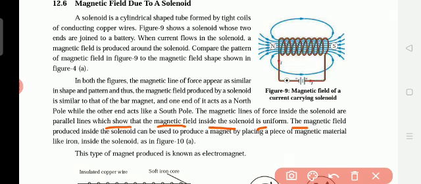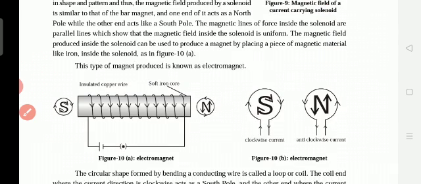The magnetic field produced inside the solenoid can be used to produce a magnet by placing a piece of magnetic material like iron inside the solenoid. Inside this copper wire coil, when we keep the iron, it will act as a magnet.